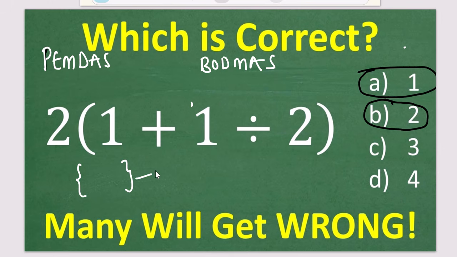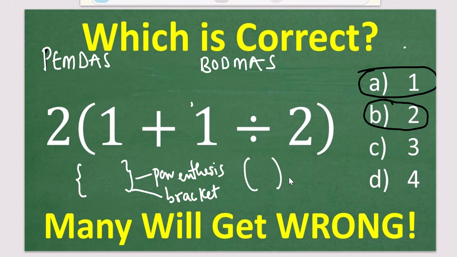This is British. This is what we call parentheses. But for American English, this is called brackets. So for British English, this is called brackets. But for American English, this is called parentheses.